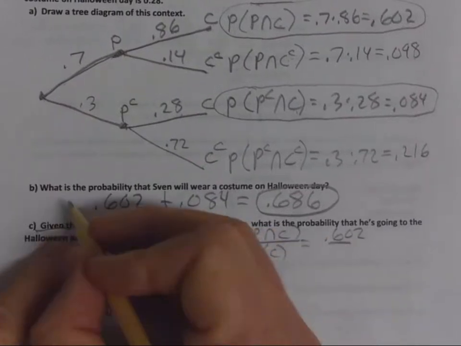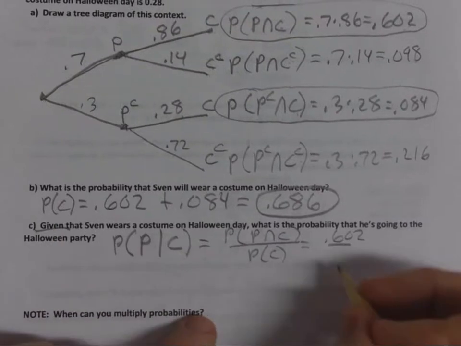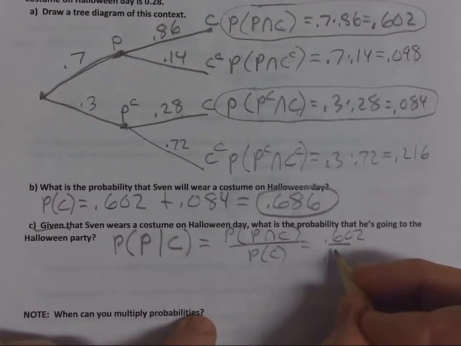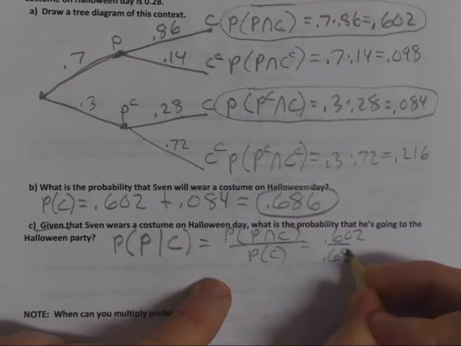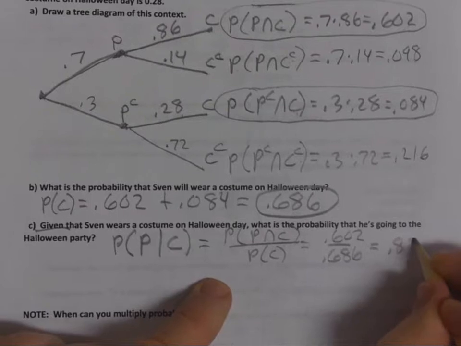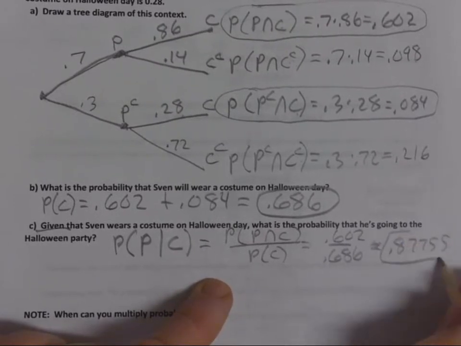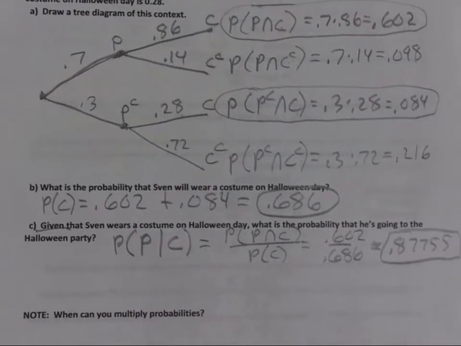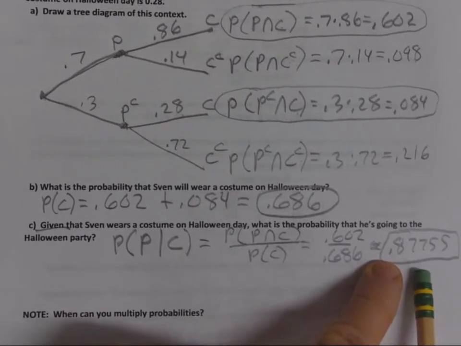So that would be 0.686. And so when you find those two things, it'll be 0.87755 approximately. So in other words, if we see Sven wearing a costume, there's about an 88% chance he's going to the party. Okay?